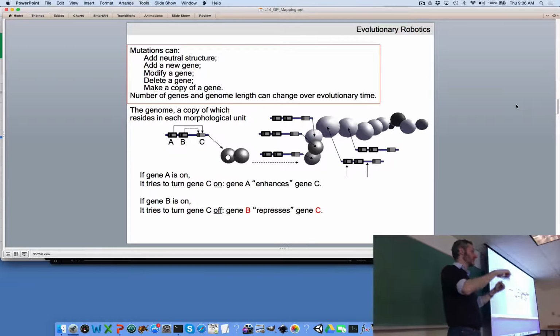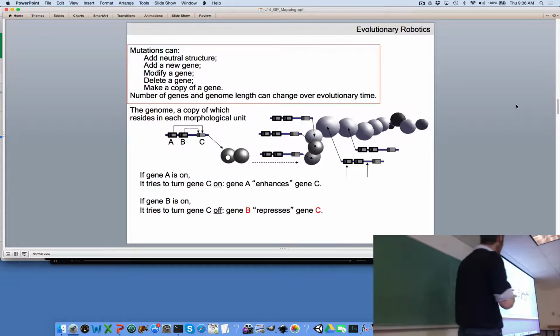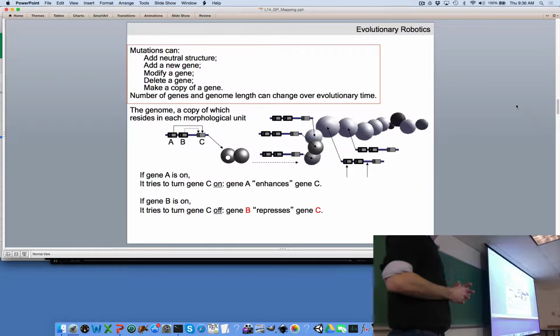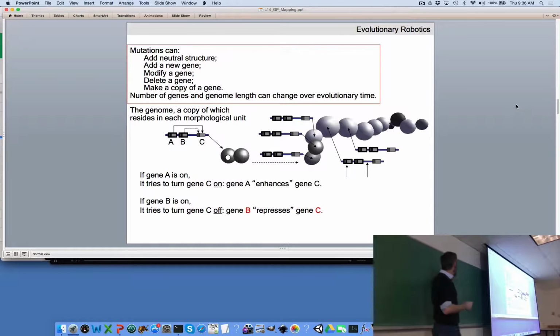These are all mutations that also occur to biological DNA. So now the length of the genome can also change over evolutionary time, which is very important, and we'll see why in a moment. In your case, your genotype doesn't grow in size, right? It's always 32 numbers.